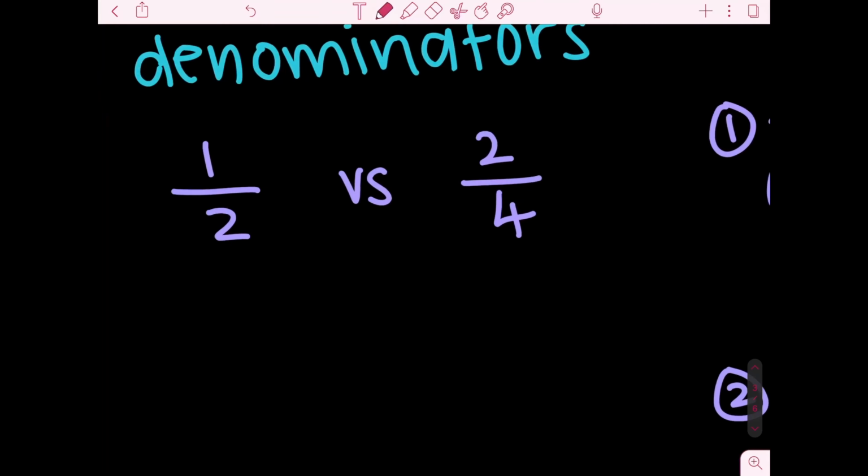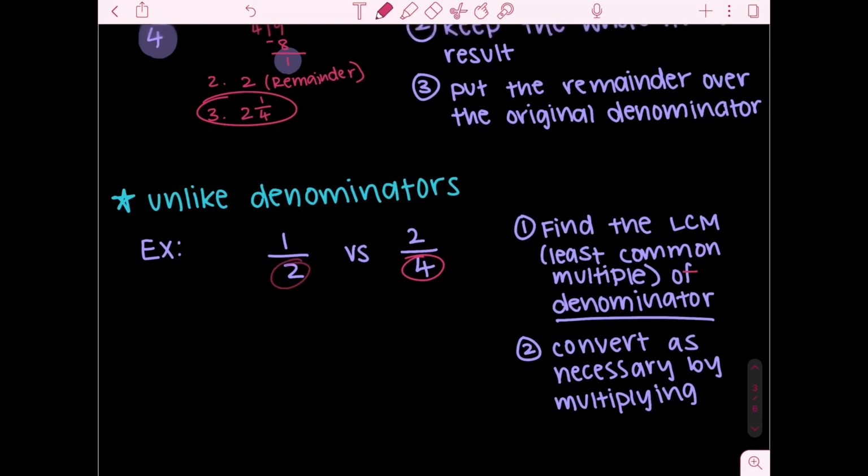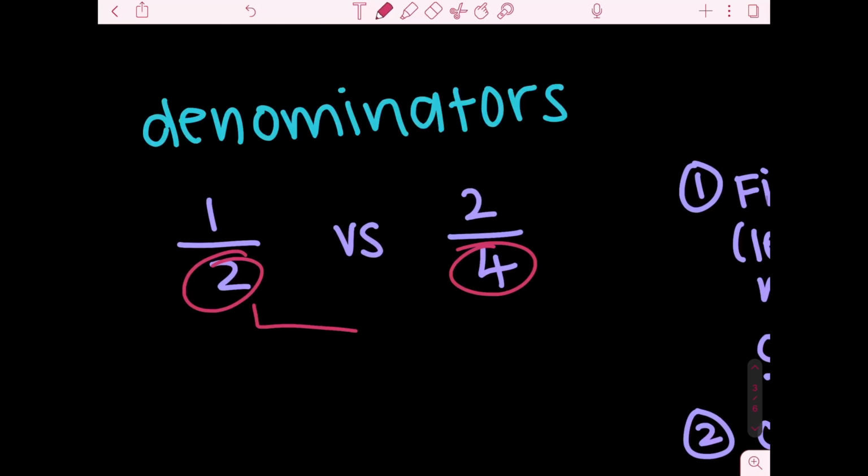So let's look at our two fractions here, 1/2 and 2/4. Our denominators in this case are 2 and 4. Now, obviously, you can find the LCM by just looking at this problem, because 2 goes into 4 2 times, 4 goes into 4 1 time.